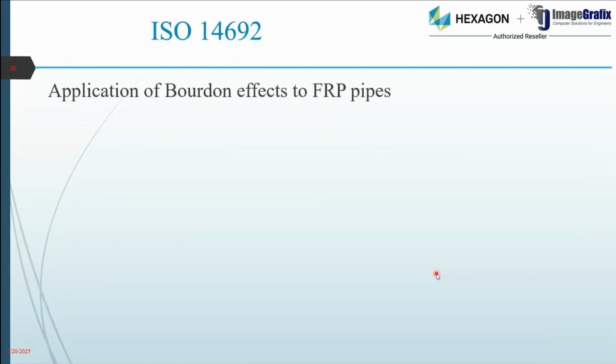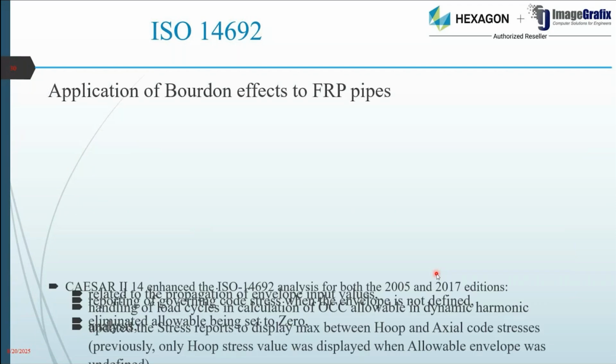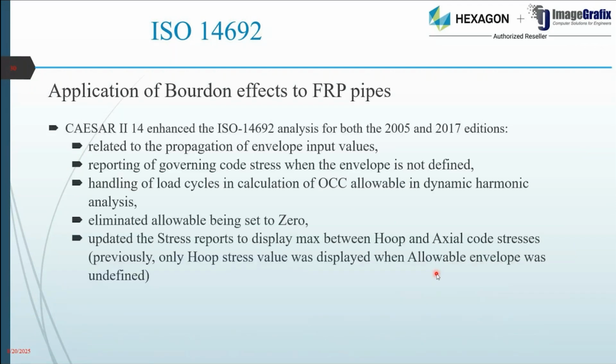So further applications of Bourdon effects to FRP pipes. Caesar II 14 enhanced the ISO 14692 for both 2005 and 2017 editions. These relate to the propagation of envelope input values, reporting of governing code stresses when the envelope is not defined, handling of load cycles in calculations of occasional allowables in dynamic harmonic analysis, and eliminating the allowables being set to 0.